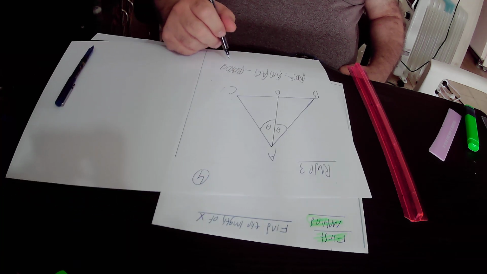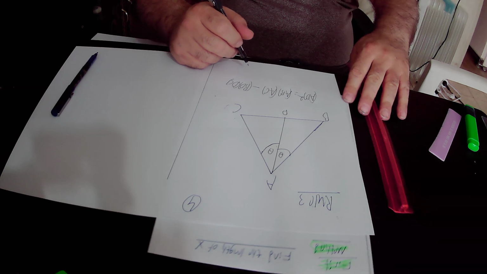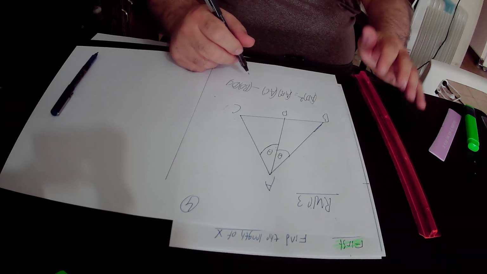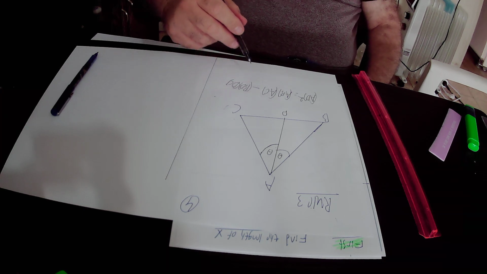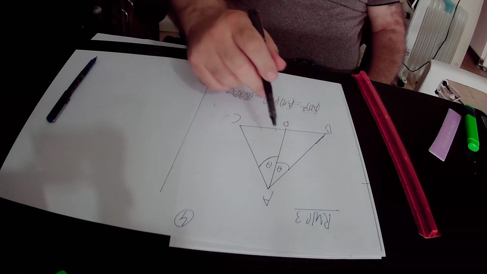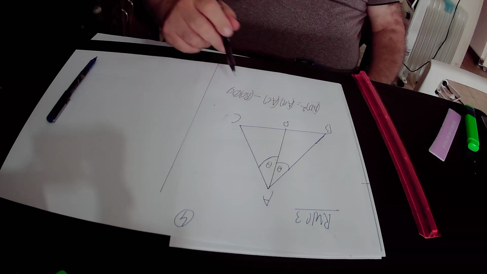Okay, I repeat again, according to rule number 3, because we have in triangle ABC the angle bisector AD, the following equation is true, that AD squared equals AB times AC minus BD times DC.